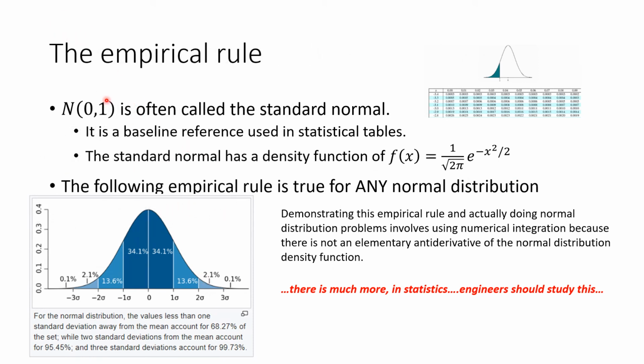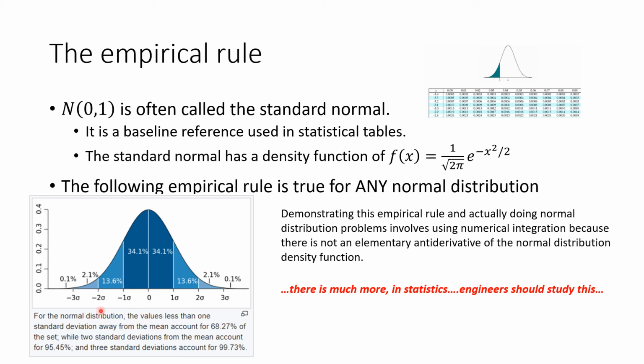Now this is what's used a lot in statistics, and we have something called the empirical rule. The empirical rule says for any normal distribution, a little bit over 68% of the data points are between one standard deviation this way and one standard deviation this way. So 68% of the data falls within one standard deviation of the mean, and this is the mean if we shifted it.